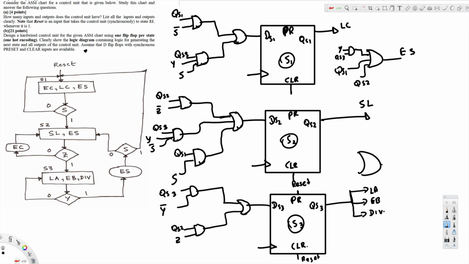And an OR gate, EC, is an output. And here QS1, QS2, and Z. Okay, that's it for this one. That's the answer for this question.